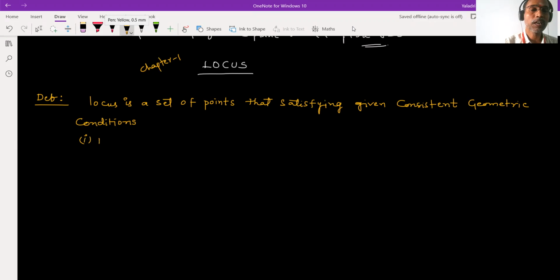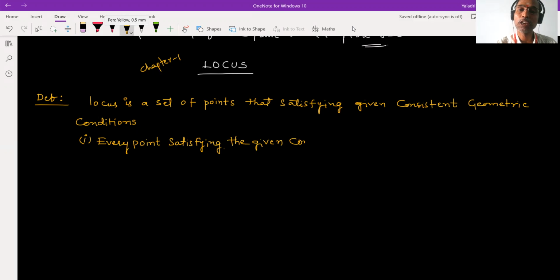Every point satisfying the given condition is a point on the locus.